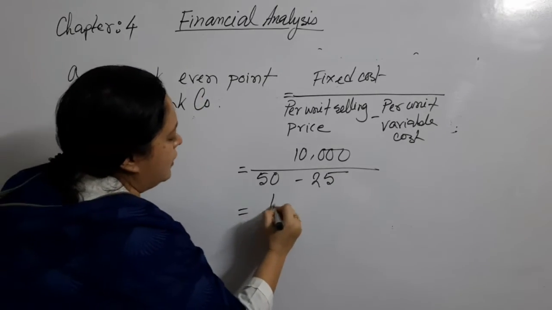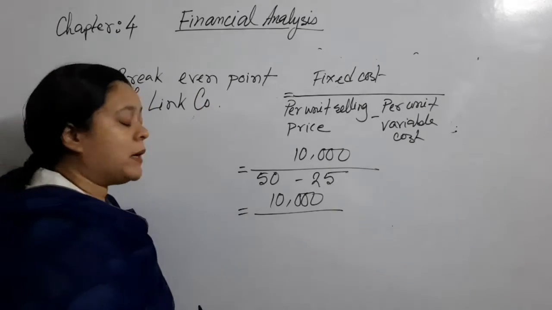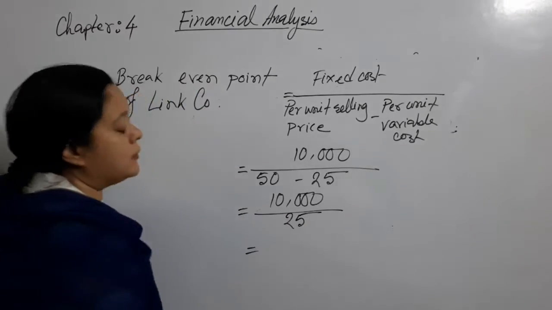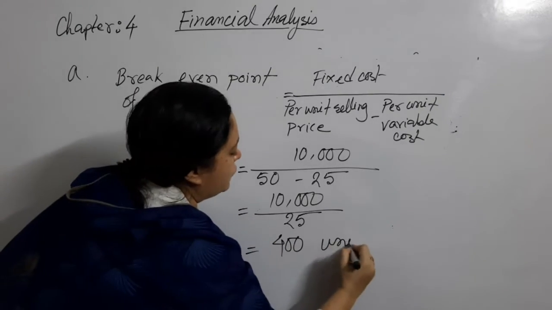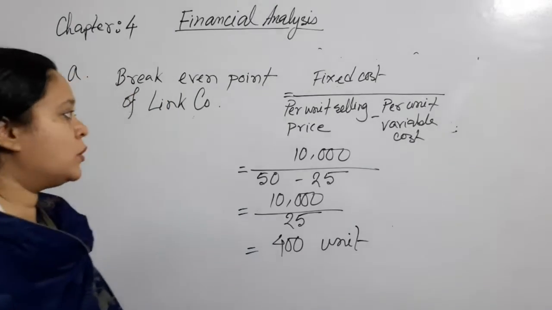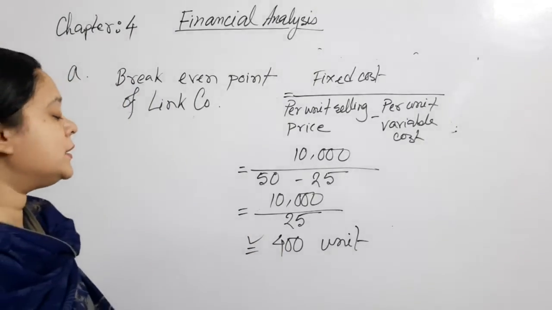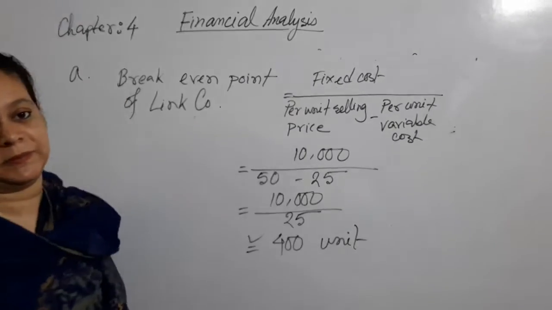So here 10,000 taka divided by 50 minus 25 equals 10,000 divided by 25. And here the result is 400 units. So the requirement is filled up. That's the 400 units is the break-even point of Link Company.